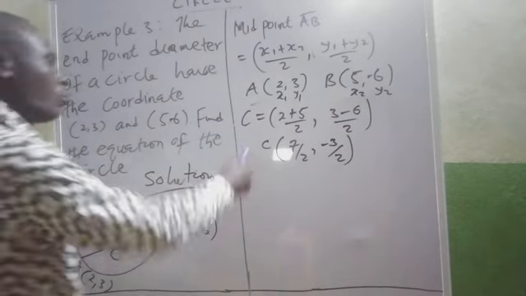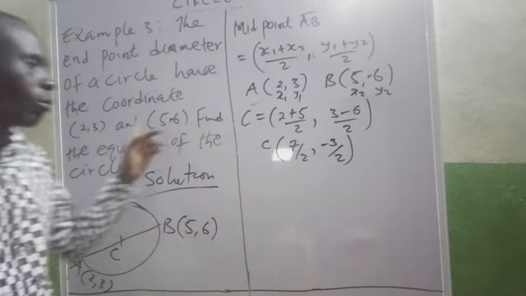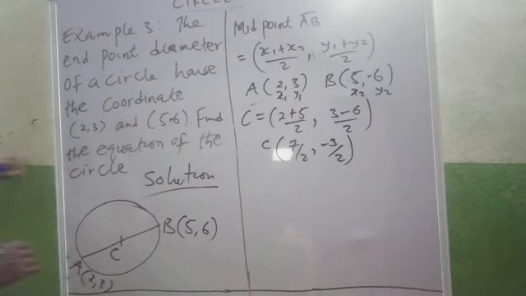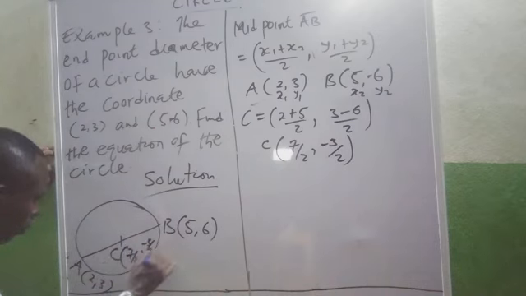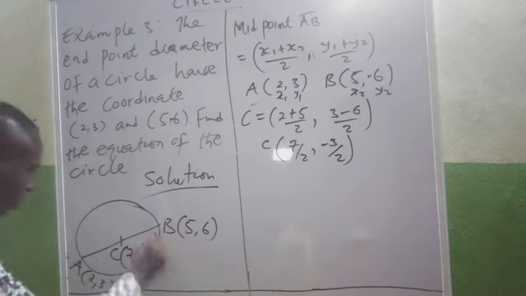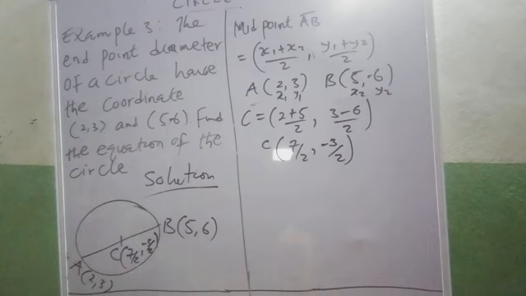So the center of the circle is (7 over 2, -3 over 2). Now, having got the center of the circle, we need to obtain the radius.